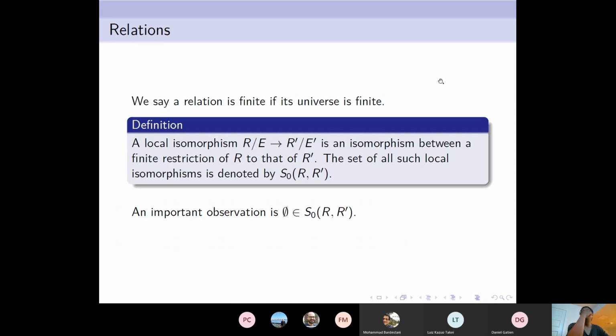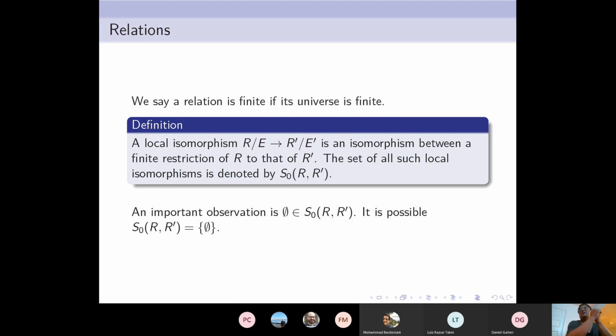Now, the important observation is that the empty set is in the set of local isomorphisms, because it is natural that for the empty set there is one unique isomorphism.